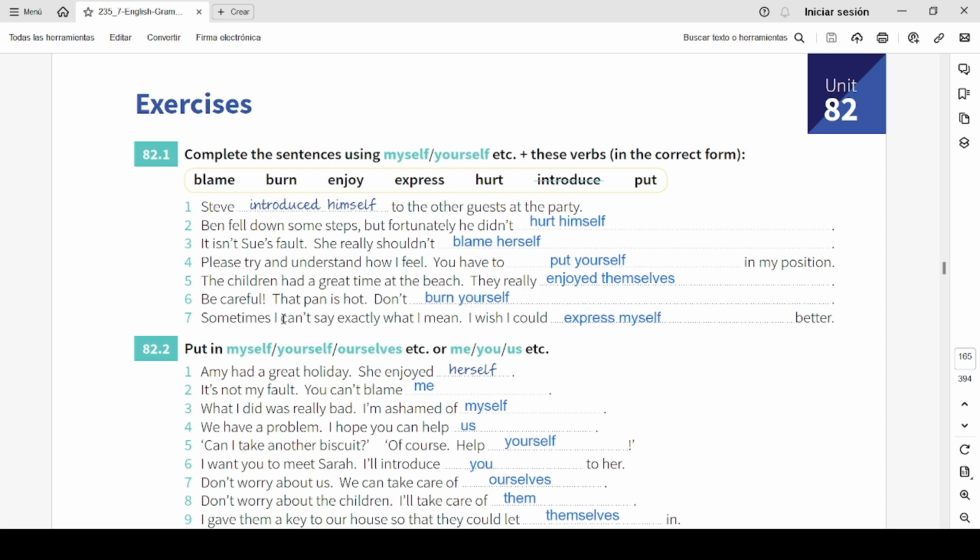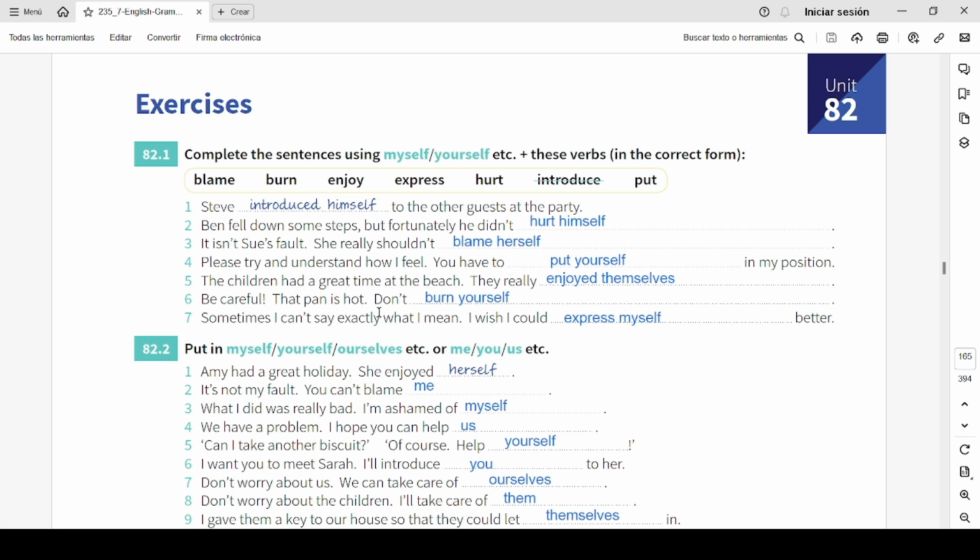The next one. Be careful. That pan is hot. Don't burn yourself. If I remember, this is imperative. Remember, imperative form is don't do it, right? But when you say don't, we're talking about the second person, directly to that person.